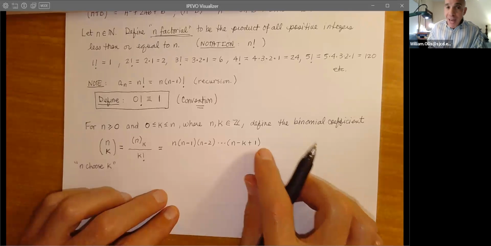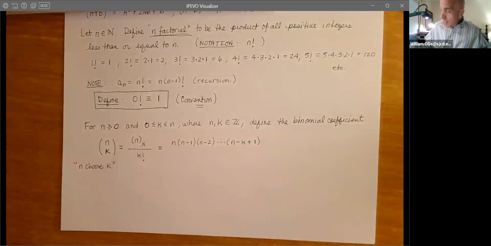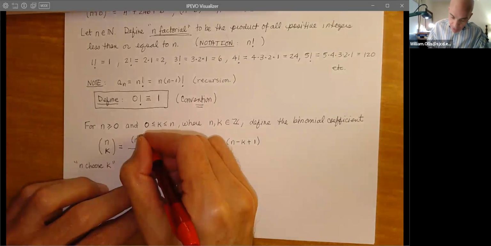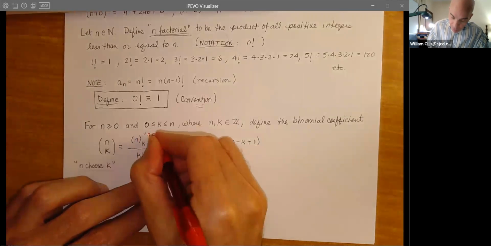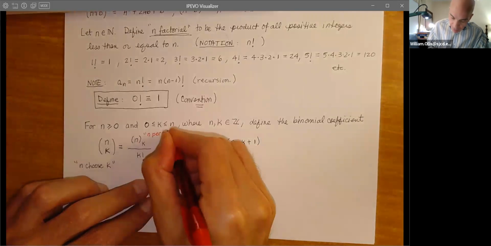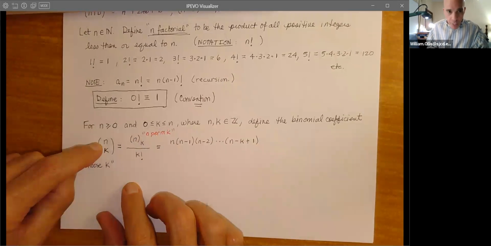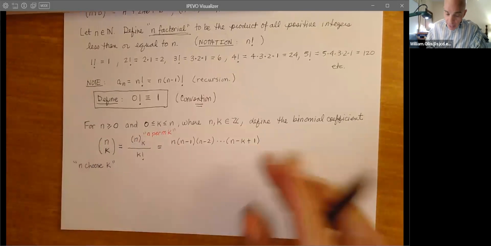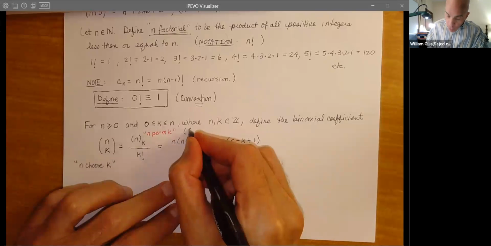So the falling factorial basically is often stated n perm k. I'll sometimes say n perm k, n choose k for the binomial coefficient if we don't have anything better to call it, and n perm k for what we call the falling factorial.